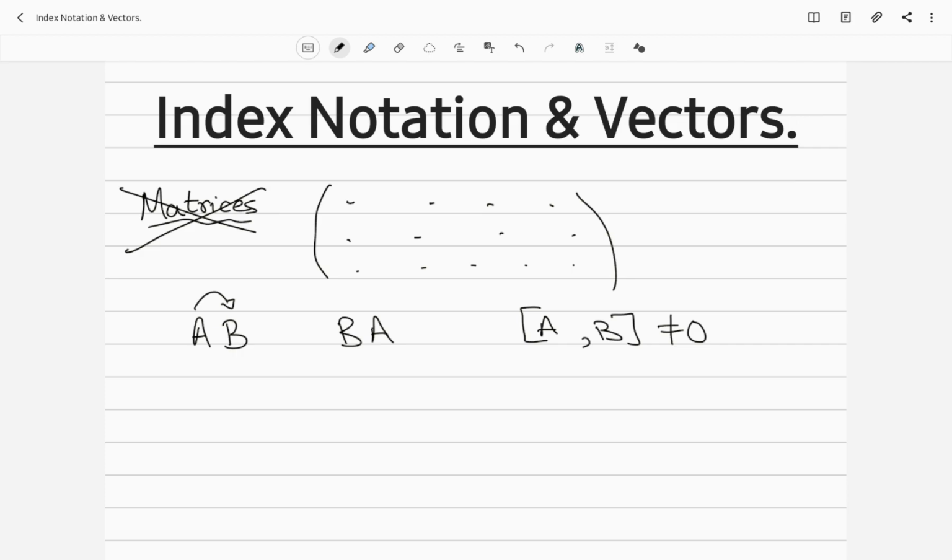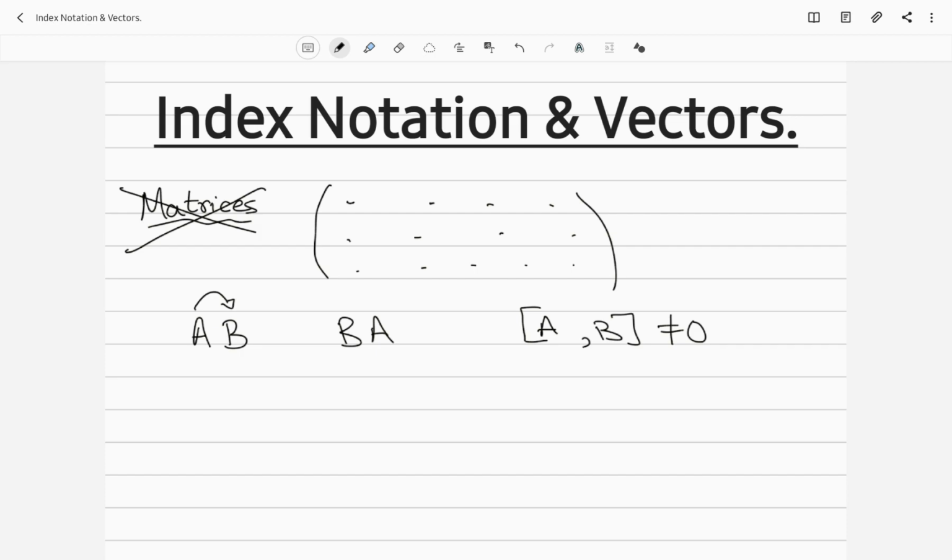And finally, the most important one is that we will soon encounter objects and operations that cannot at all be represented by matrix multiplication, or matrices at all. This is where the index notation comes to the rescue.